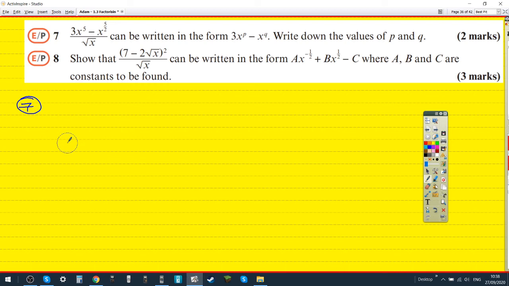Would you split them up? Yeah, what would you get? 3x to the power of 5 over square root of x. And then is there a minus in between? Two fractions minus x to the power of 5 over 2 over square root of x.